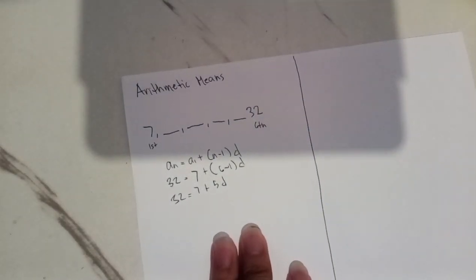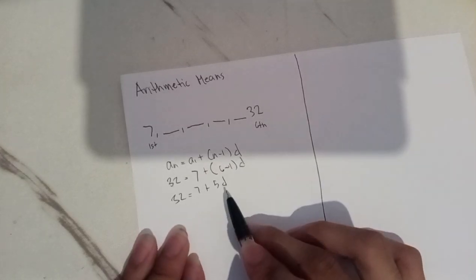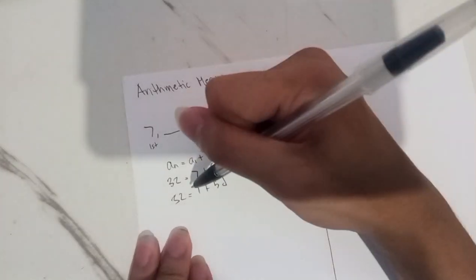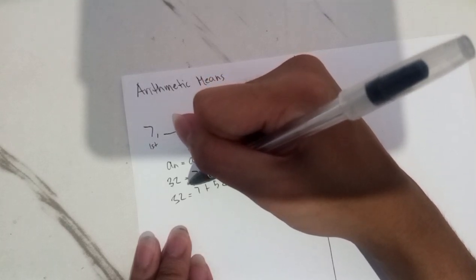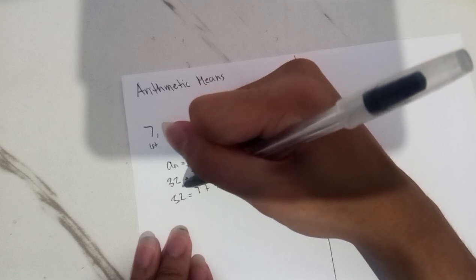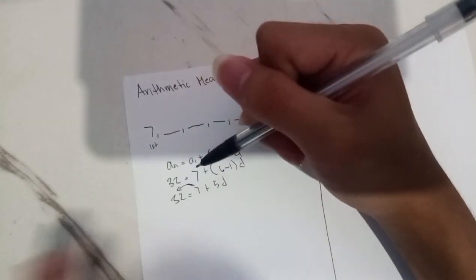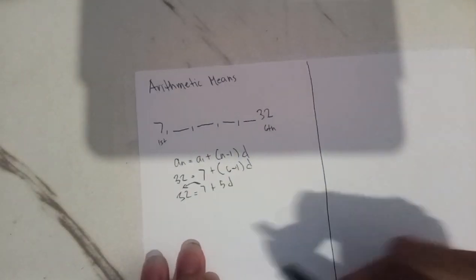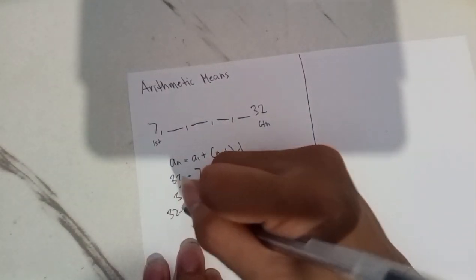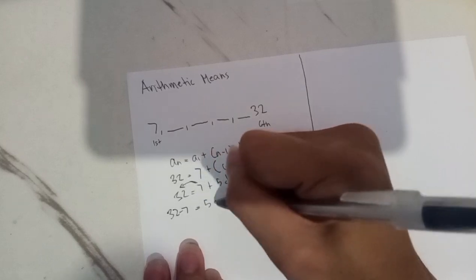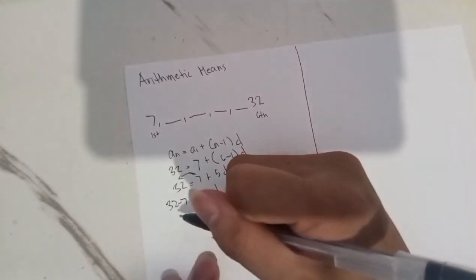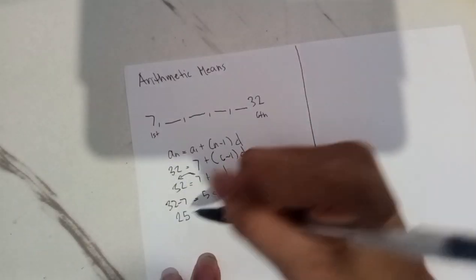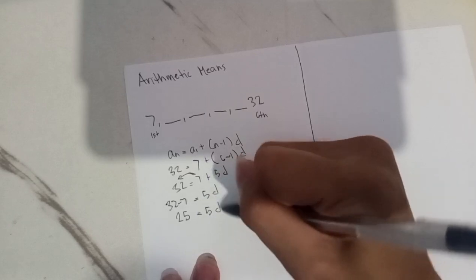Now, we need to isolate the d. So basta ilipat natin si 7 to the left side of the equation. So this would become 32 minus 7 is equal to 5d. Now, 32 minus 7 is 25, which is equal to 5d.